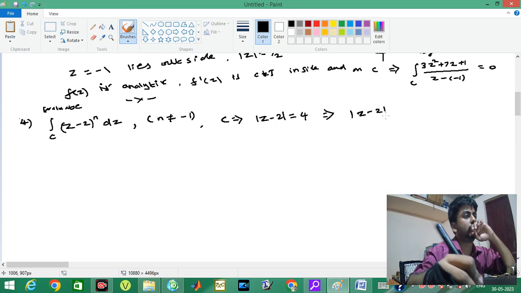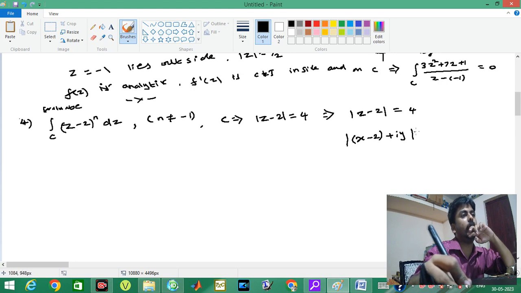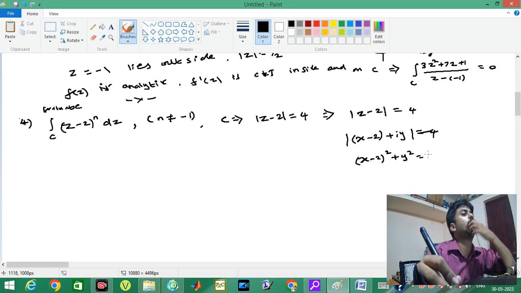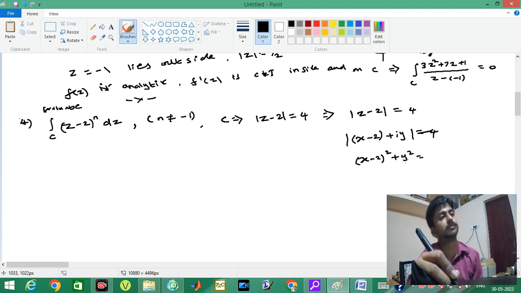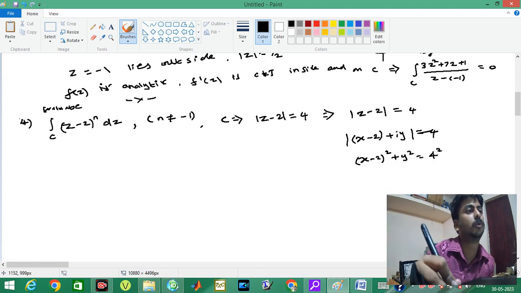modulus of z minus 2 equal to 4 means modulus of (x minus 2) plus iy equal to 4, because both are real terms. That is the square root of (x minus 2) whole square plus y square equal to 4, that is (x minus 2) whole square plus y square equal to r square, equal to 4 square.